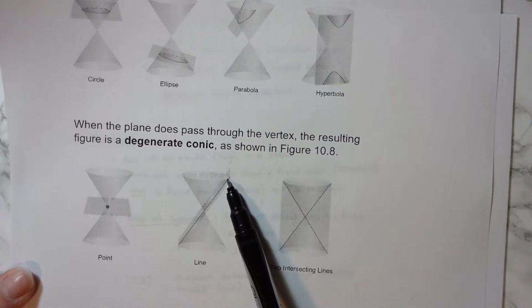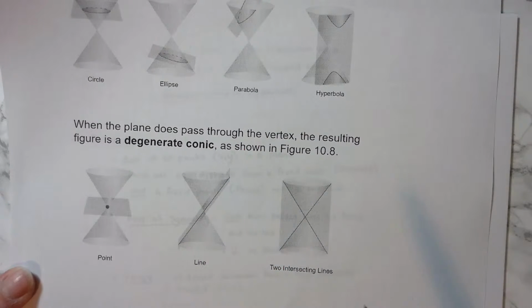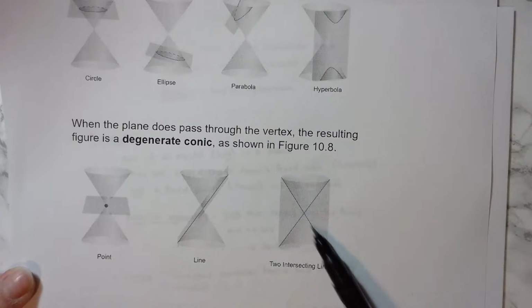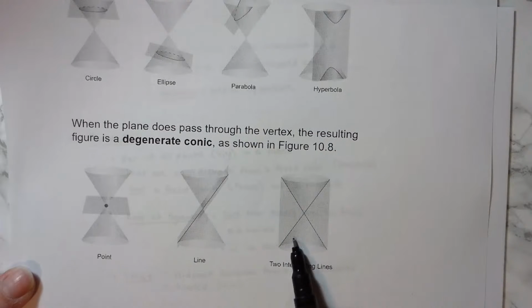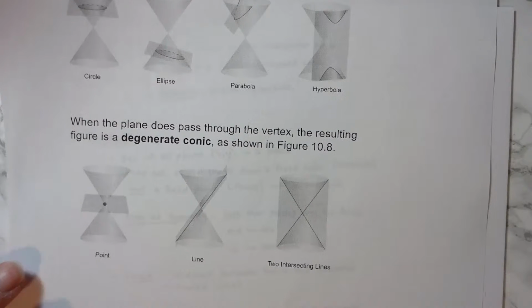And if we do the plane this way along the conic, we're going to have a line. And if we did two planes, we would have two intersecting lines, right? So those are called degenerate conics, and we studied those in geometry, right? The three undefined terms in geometry: a point, a line, and a plane. Remember that? So anyway, that's what a conic section is.